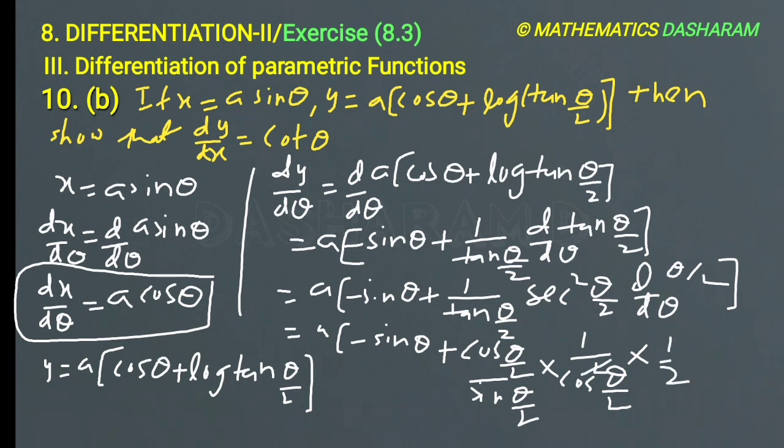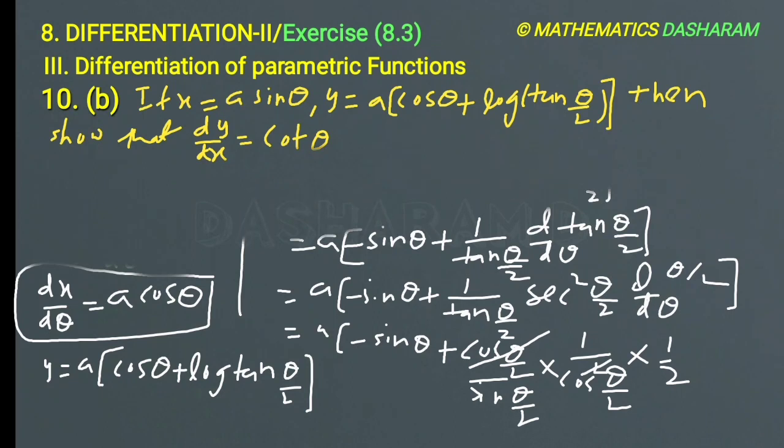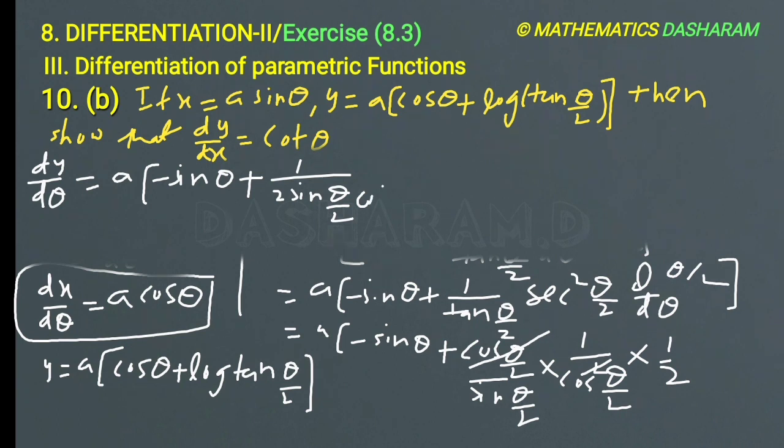Here one cos theta by 2 cancels, so dy by d theta equals a bracket of minus sin theta plus 1 by 2 into sin theta by 2 into cos theta by 2.